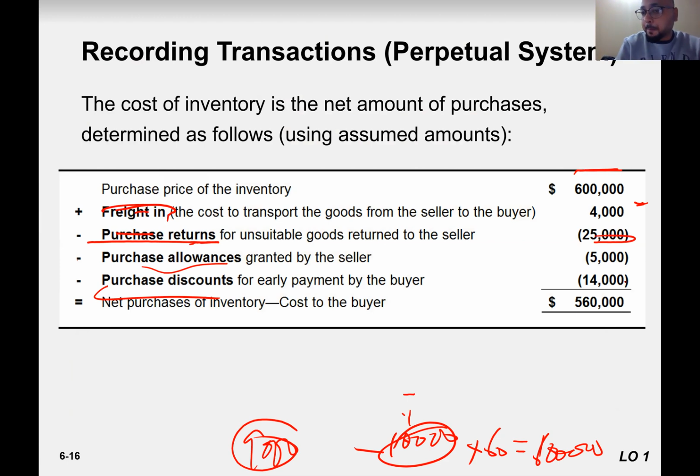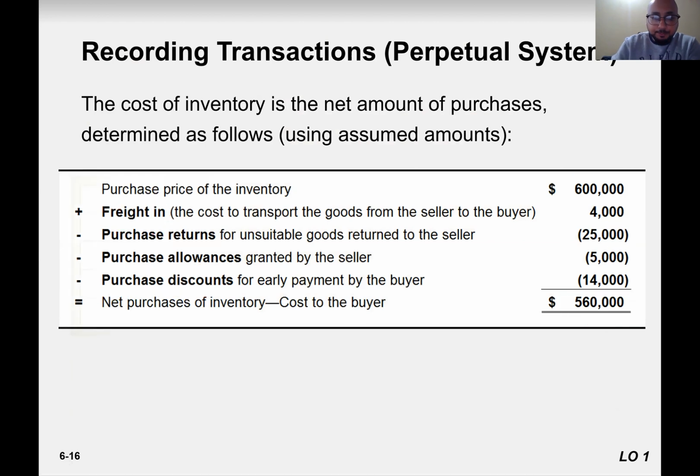So remember, this 560,000 is my total cost, and that is the value of inventory that I'm going to record on my books, on my balance sheet.